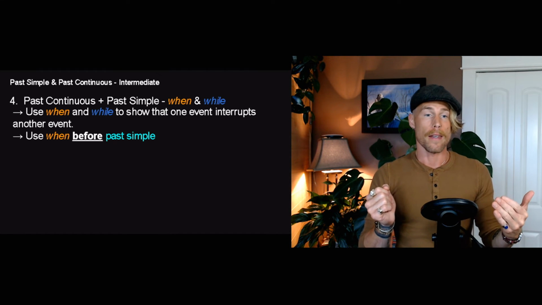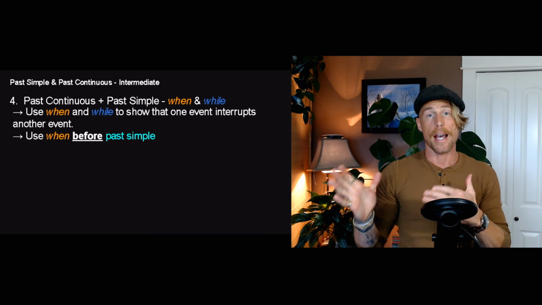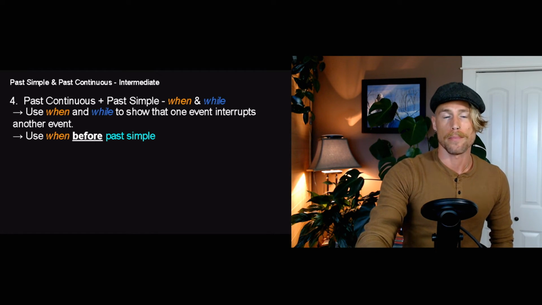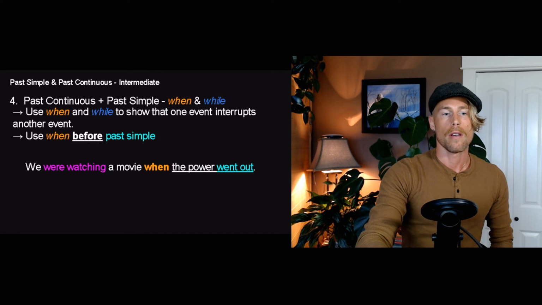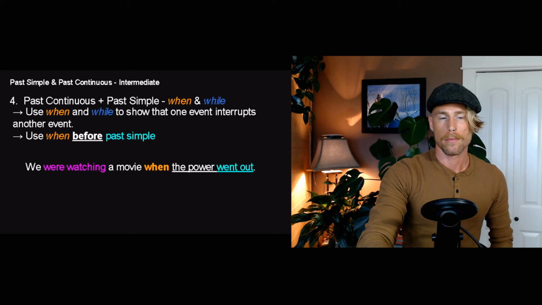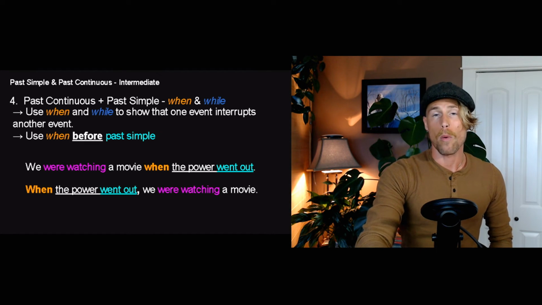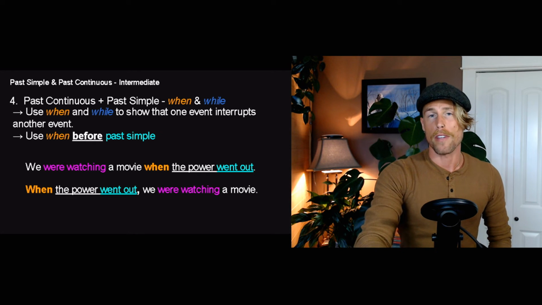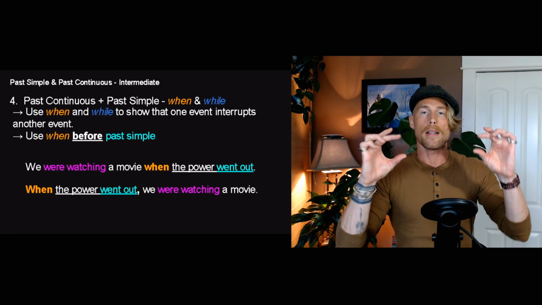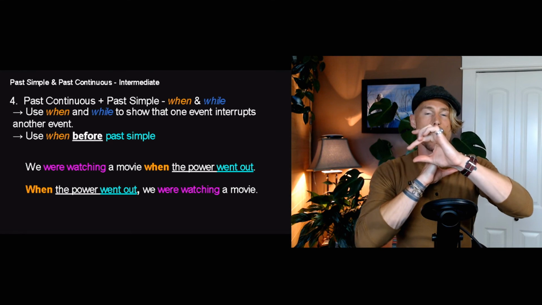Use when before past simple. This is more common. We were watching a movie when the power went out. When the power went out, we were watching a movie. This is the same sentence, but the clauses are changed.